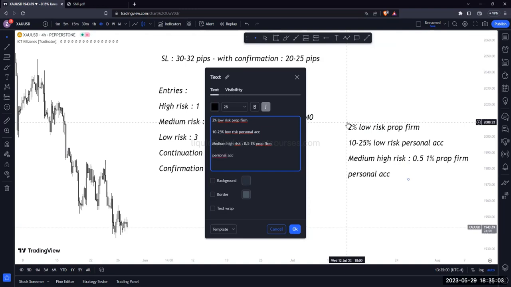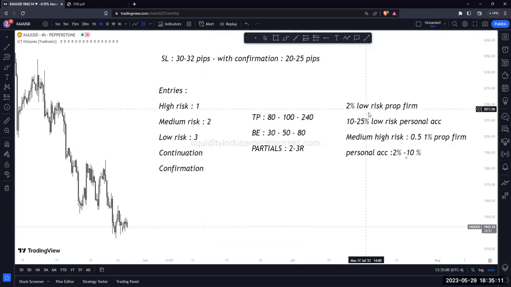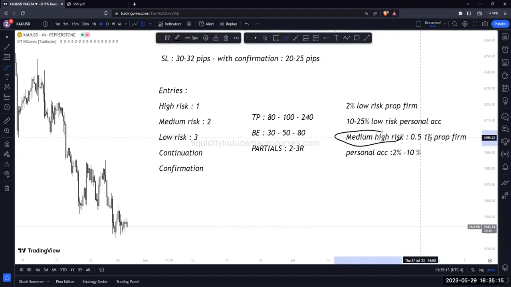On personal accounts you're going to have 2% to 10%. So on prop firms, you're going to risk 2% on low risk. On medium risk, you're going to risk 0.5 to 1% on prop firms. I don't even suggest you take these on prop firms. I suggest on prop firms you only focus on low risk setups.